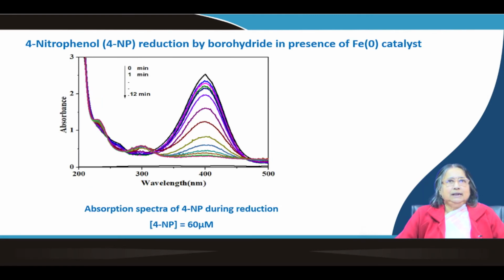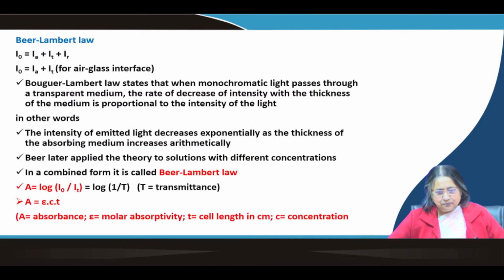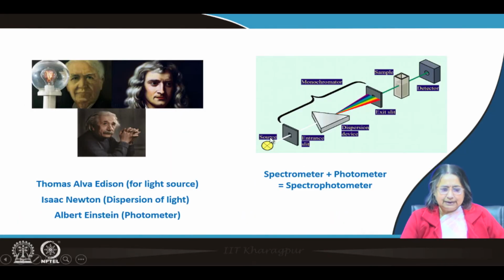Now, this is the spectrophotometer. I showed you the schematic drawing of the spectrophotometer. Here this is the light source and then the light passes through a prism.